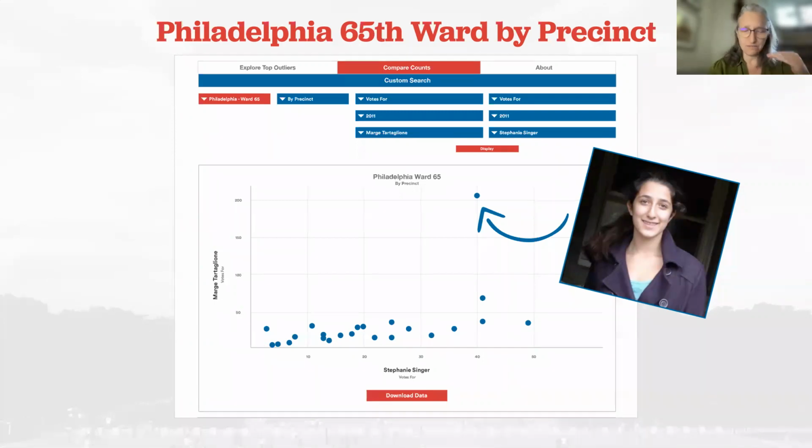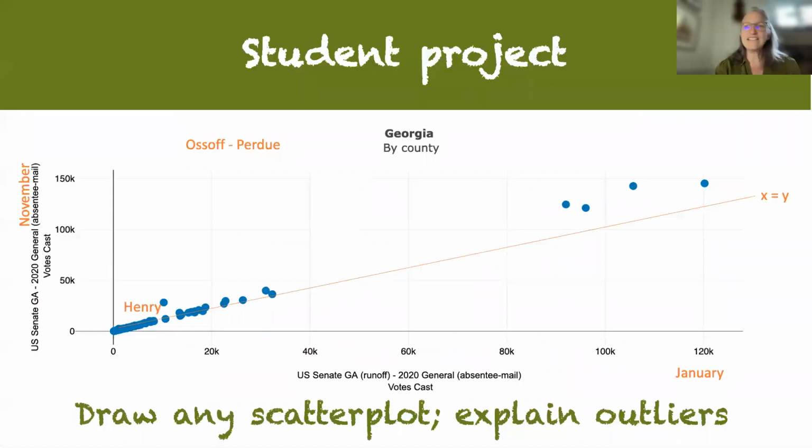Once any of you gets involved in a particular electoral contest and is actually trying to win elections, this is really powerful, because you can take pretty much any graph that you can create on the vote visualizer, any of these scatter plots, and just ask, why is the outlier an outlier?